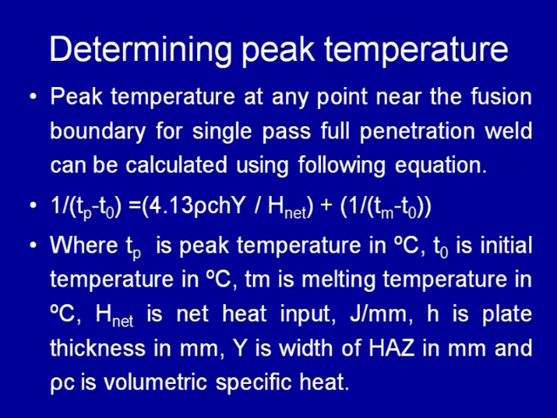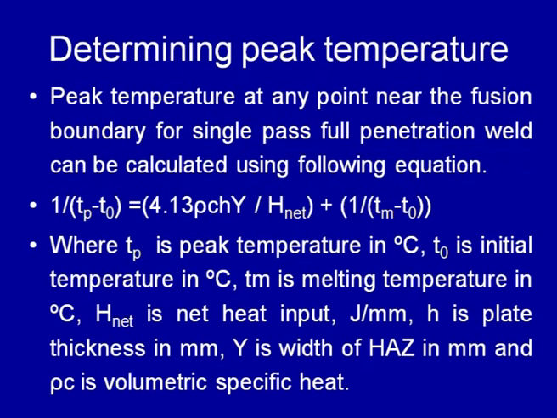So, in order to determine the peak temperature at any point near the fusion boundary for a single pass full penetration weld, the following equation can be used. Here, 1 by (Tp minus T naught), where Tp is the peak temperature and T naught is the initial plate temperature, becomes equal to 4.13 rho C H Y, where rho is the density, C is the specific heat, H is the thickness of the plate, and Y is the distance away from the fusion boundary where we want to determine the peak temperature, divided by H net.